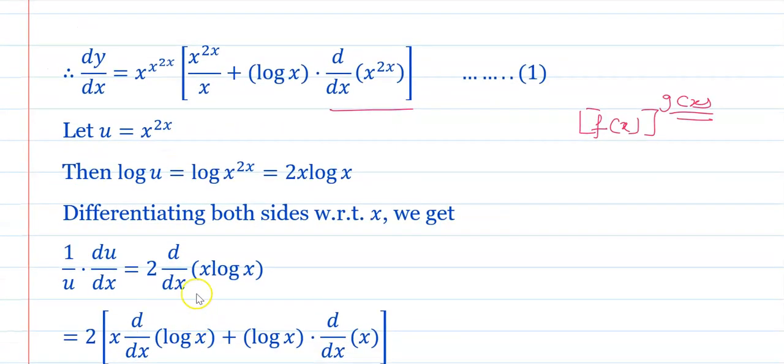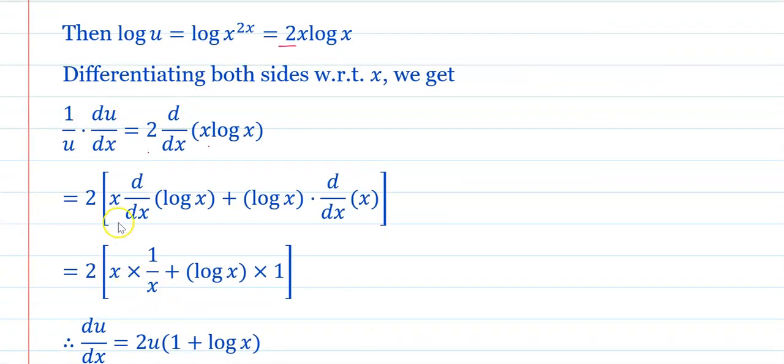Now differentiating both sides with respect to x, you will get the derivative of log of u, which is 1 upon u into du by dx, is equals to, now 2 here is a constant, that is 2 into d/dx of x into log x. Keep this x as it is, d/dx of log x, plus log of x as it is into d/dx of x. The derivative of log of x is 1 upon x, so x into 1 upon x plus log of x, the derivative of x is 1.